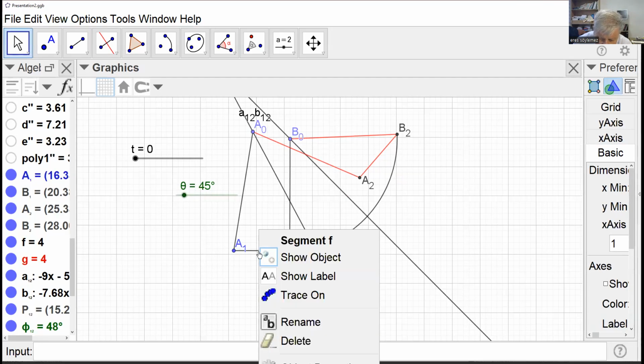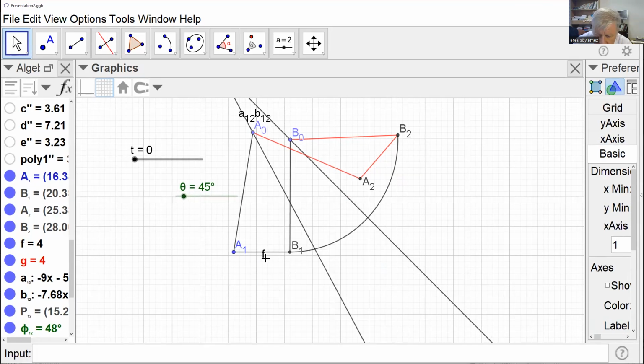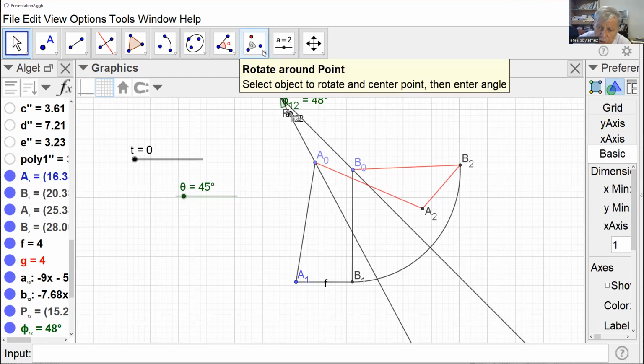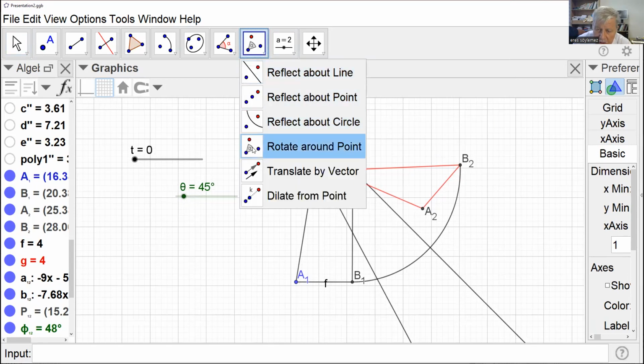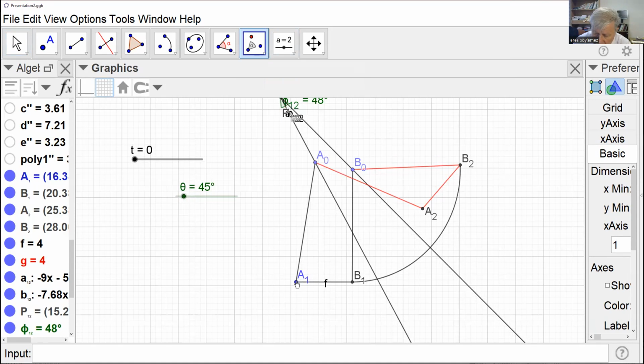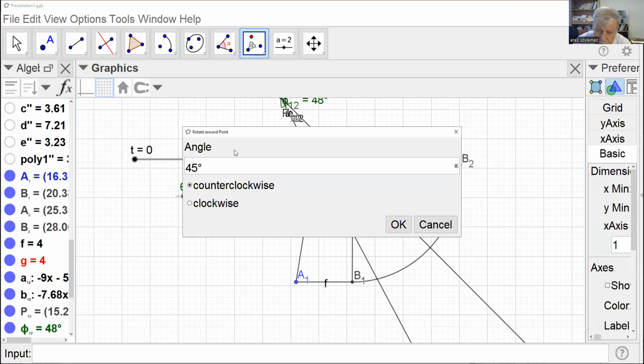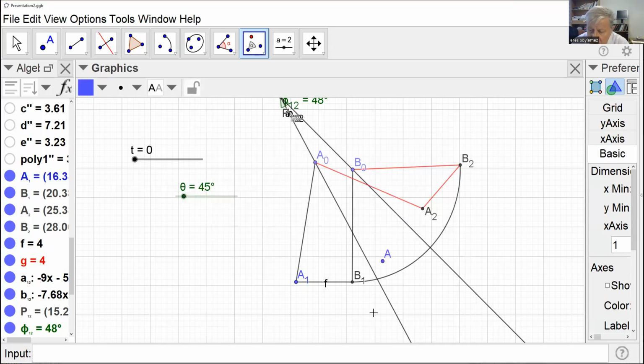Now, this length, show label F, okay, to determine the length. What I will do is this. First, I will rotate A1, A0 about A0 by the angle theta. I think you can see it, it's over here.